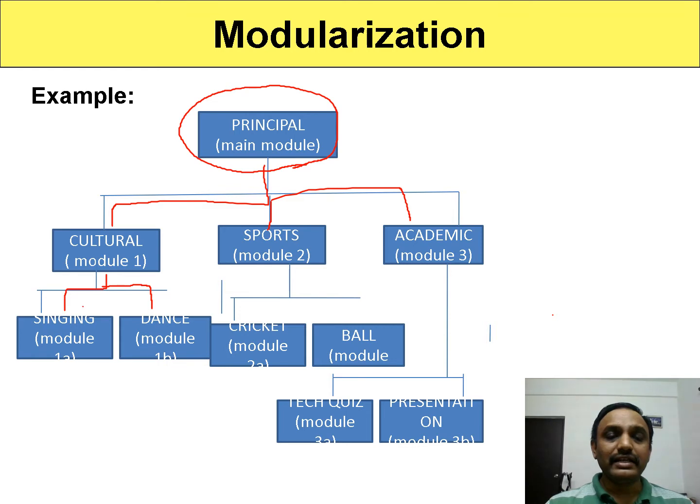All singing-related activities are under the singing module, and all dancing-related activities are under the dance module. That means in each module we perform one specific task. Like that you can implement modularization in any programming language.